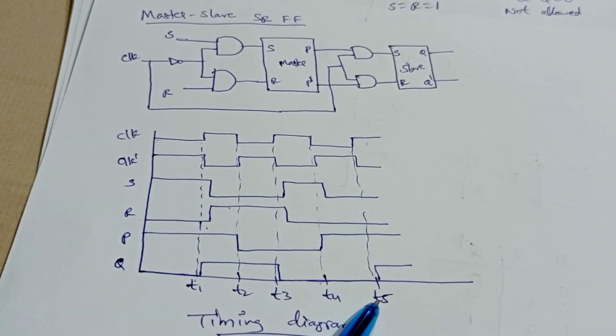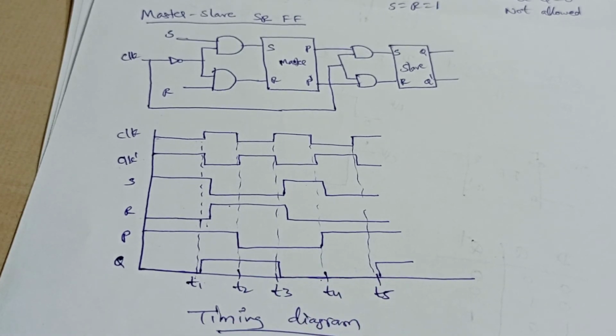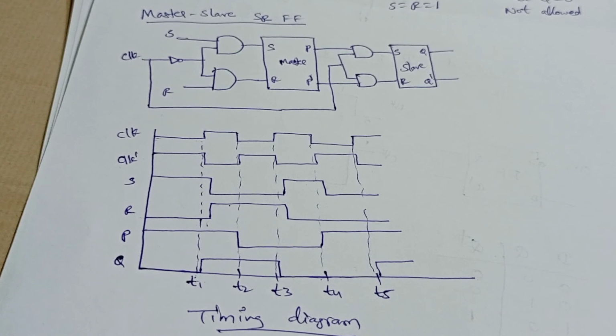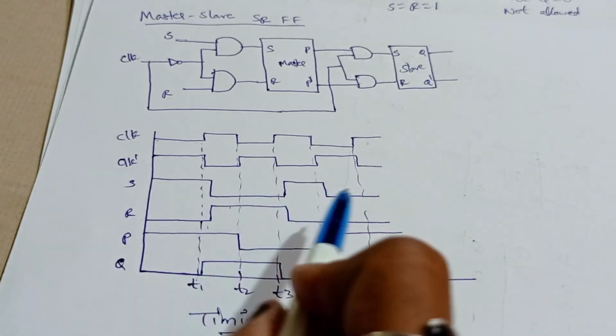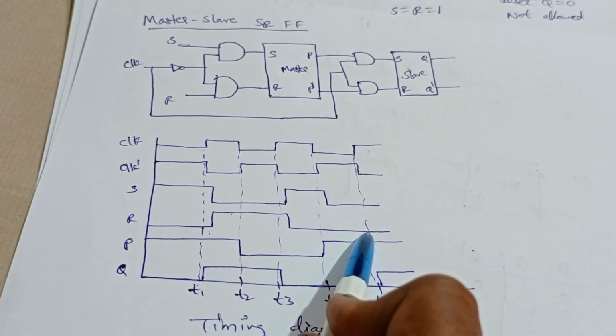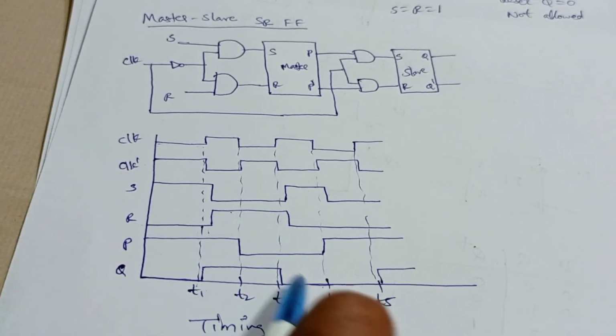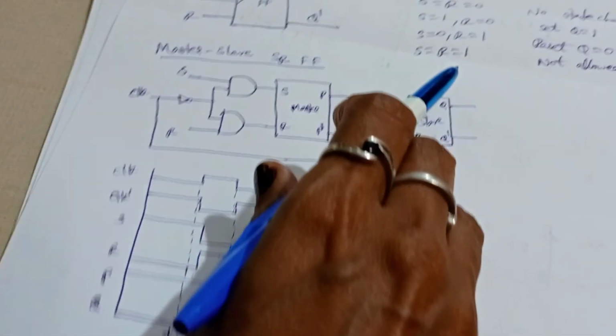We can solve this problem if we only allow the SR inputs to change while the clock is high. When S is equal to 0 and R is equal to 0, the state, that is the output Q, should not change. That is the actual SR flip-flop.